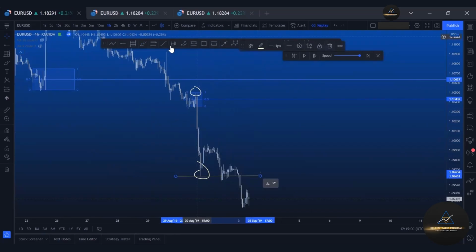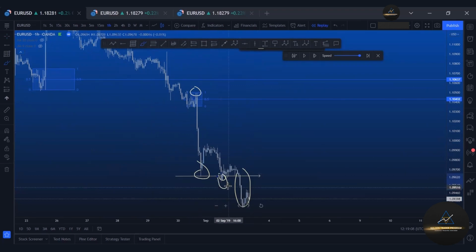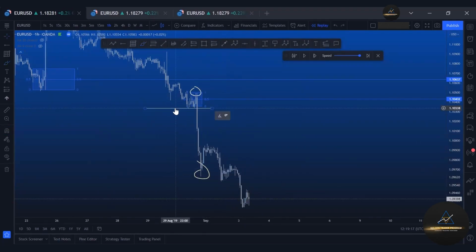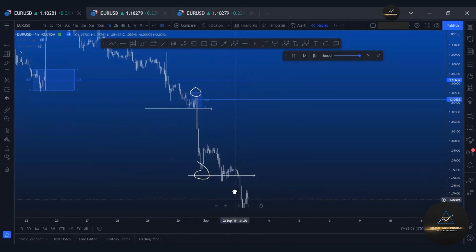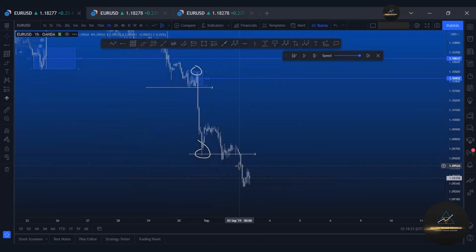Took out structure at this particular area. It took a structure here. Didn't take out structure because of one candlestick. It needs to be a lot bigger than that, or at least a couple of small ones below the previous structure. So this is just a liquidity grab. What did take out structure, in fact, was this particular move here, again, caused by these bunch of strong candlestick closes.